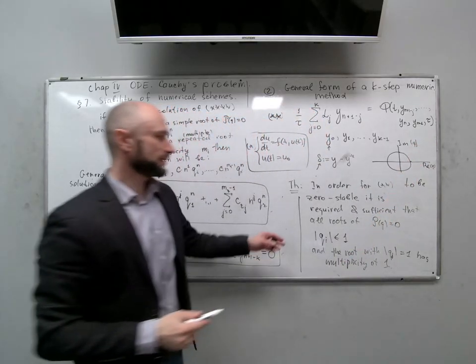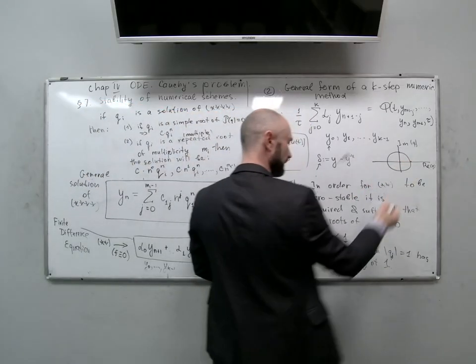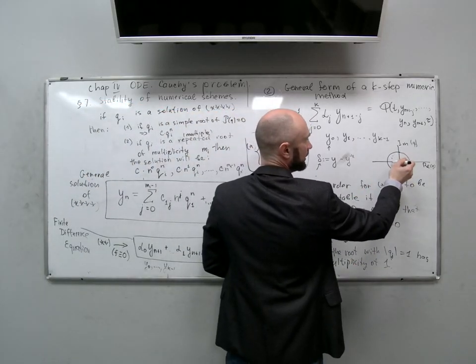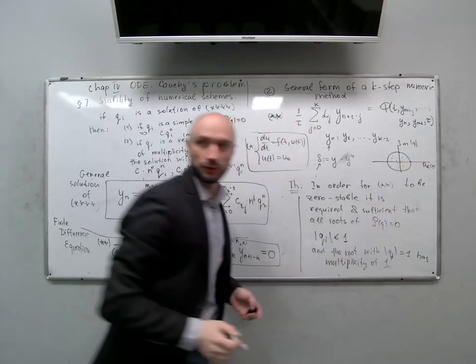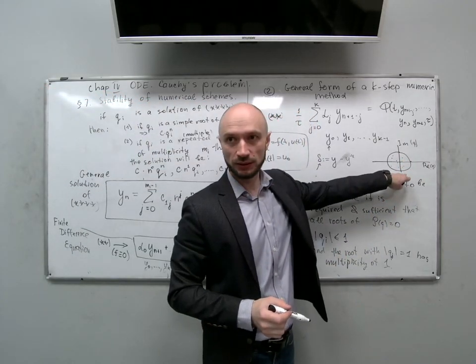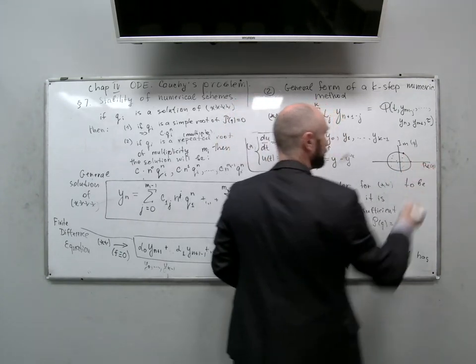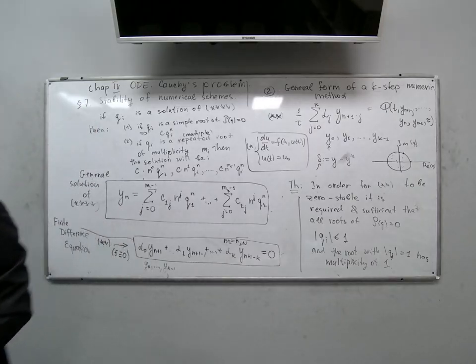This theorem says that we need all these Q values to lie within this circle on the complex plane. And if we have a root that sits on the circle, it should be only 1. It should be alone on that circle.